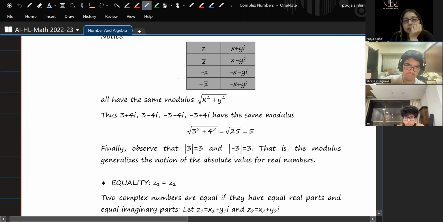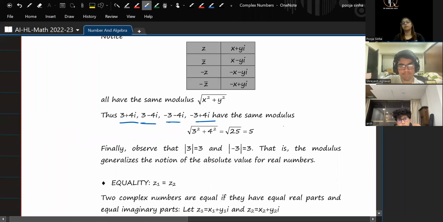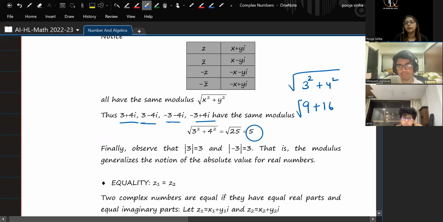Okay. Now, coming to this, if I have this question, 4 of these, what will be the final answer? For all of them, it will be 5 only. They all have the same modulus. Because if I just find out the first one, 3 square plus 4 square under root, I'll get 9 plus 16 under root, which is root 25, which is 5.